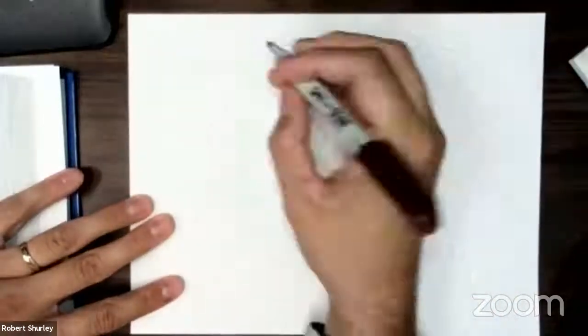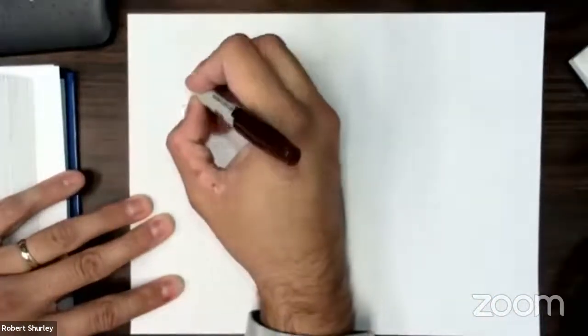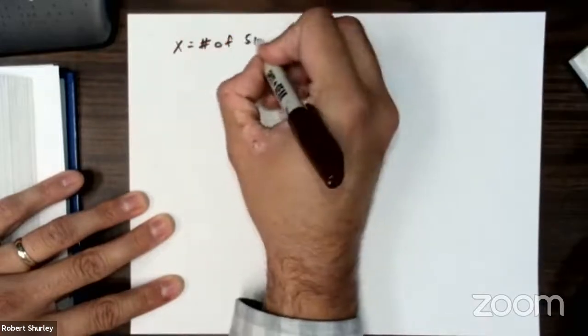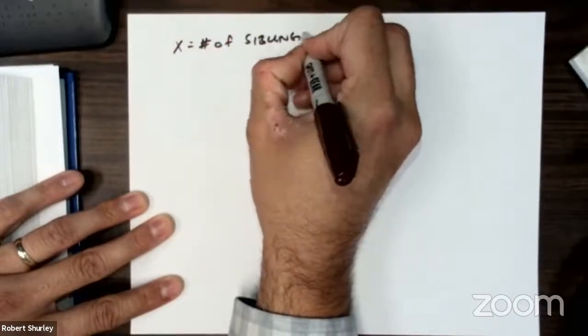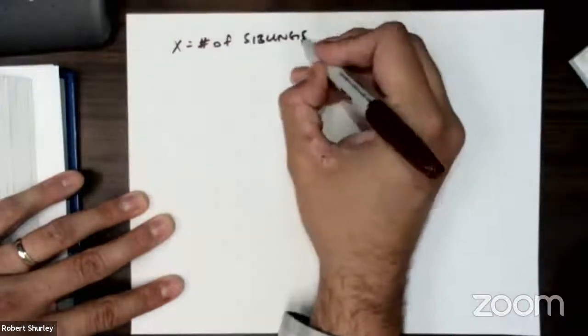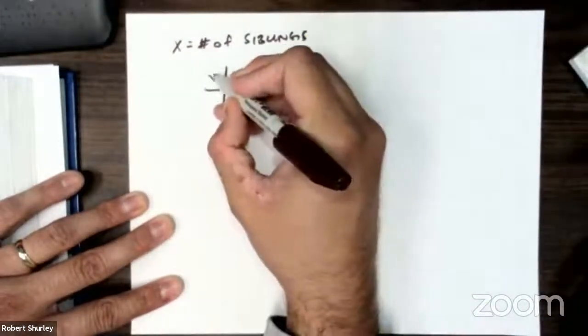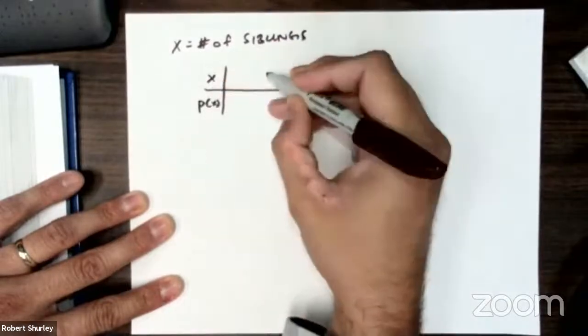Let's say we surveyed 100 people. We asked them number of siblings, and this is discrete, right? So you've got X. X is going to be the number of siblings. And the probability, of course, is what you found in this survey. So you've got X, and you've got the probability of X.